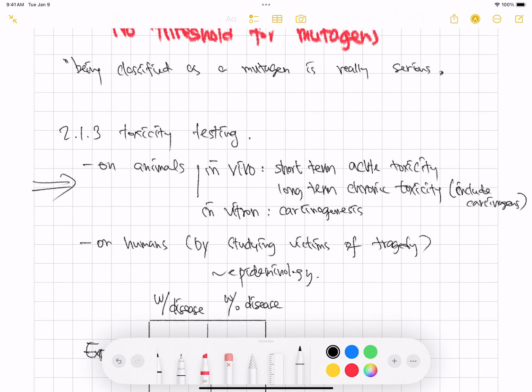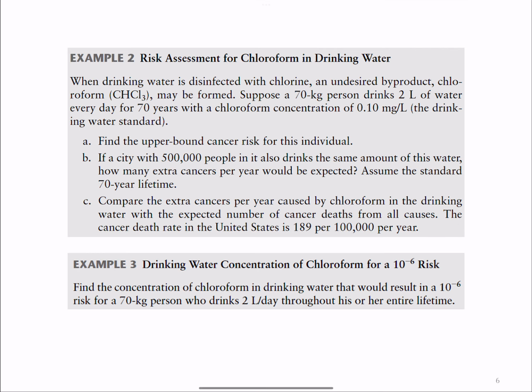So let's take an example. All right, this is example number 2 in the textbook. Risk assessment for chloroform in drinking water.